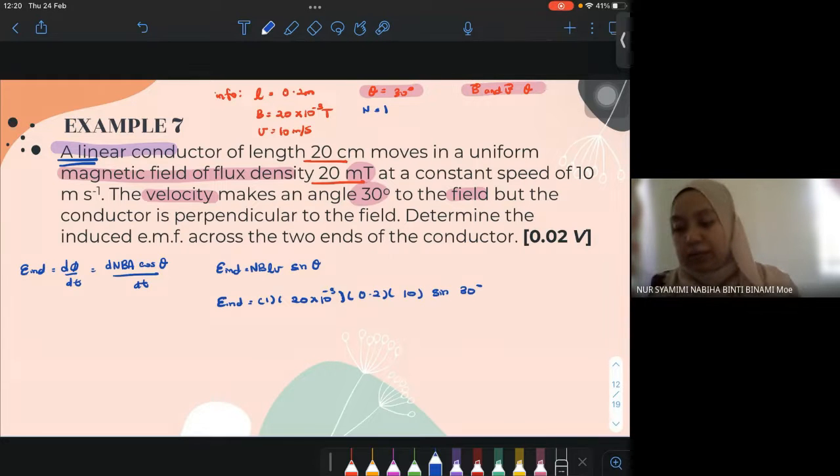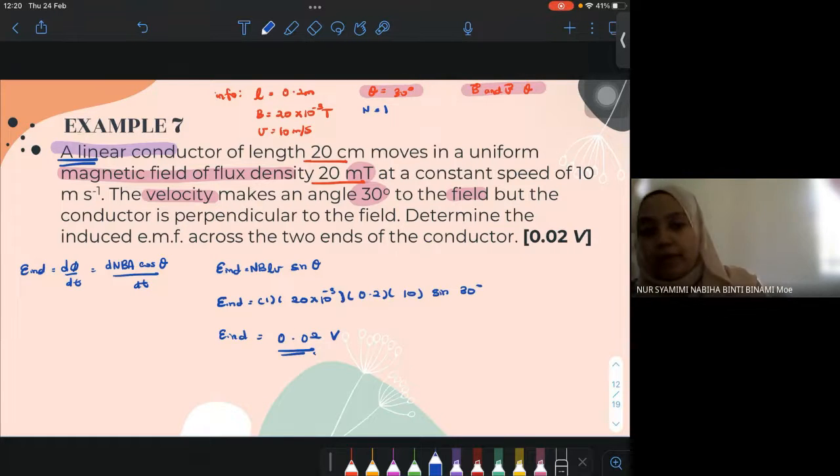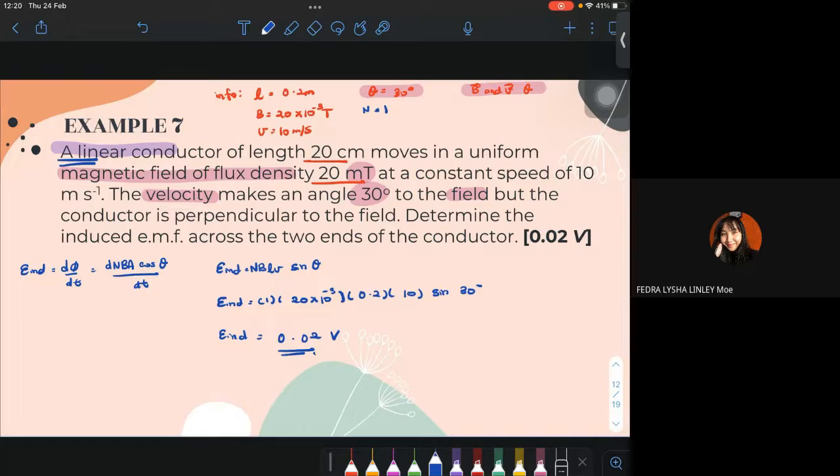So, tolong kirakan berapa induced EMF yang kita dapat. 0.02 volt. Boleh? Boleh tak? Boleh, Madam. Boleh.